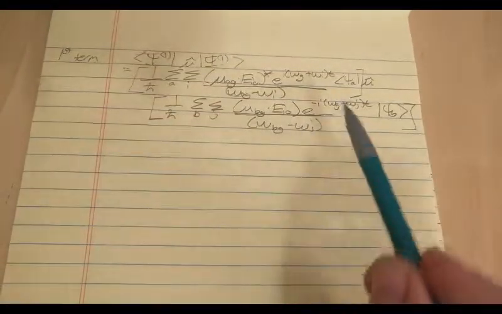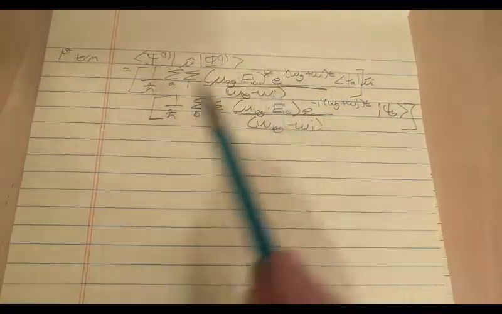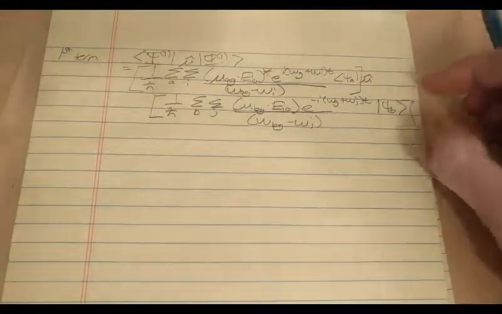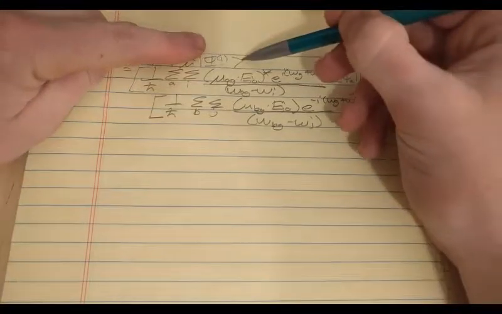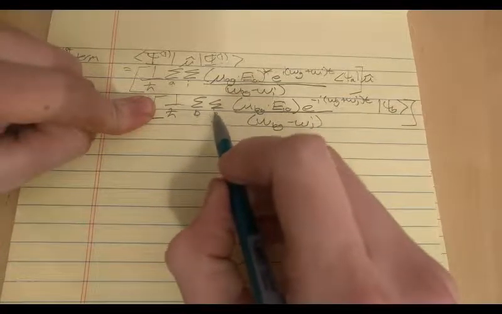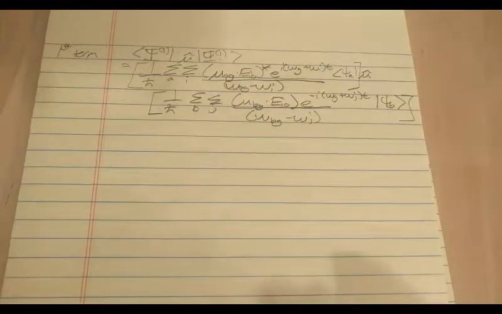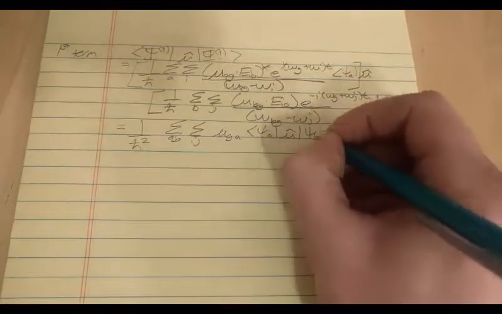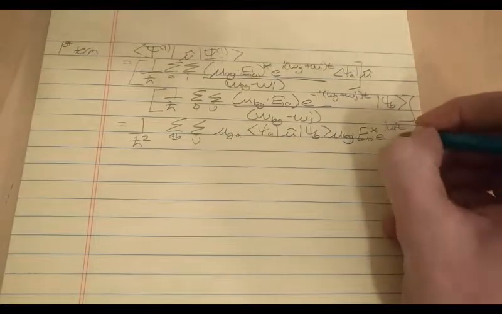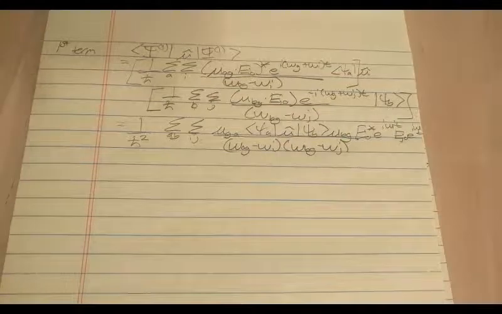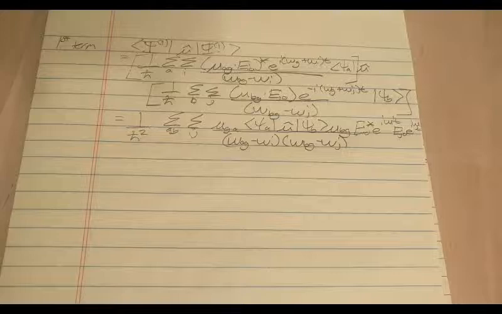Okay, so now here, remember what I just said. This thing in square brackets here is the ket side of psi 1, but I'm summing over different basis states B and different frequencies J. Okay, so that's our final form for the first term.